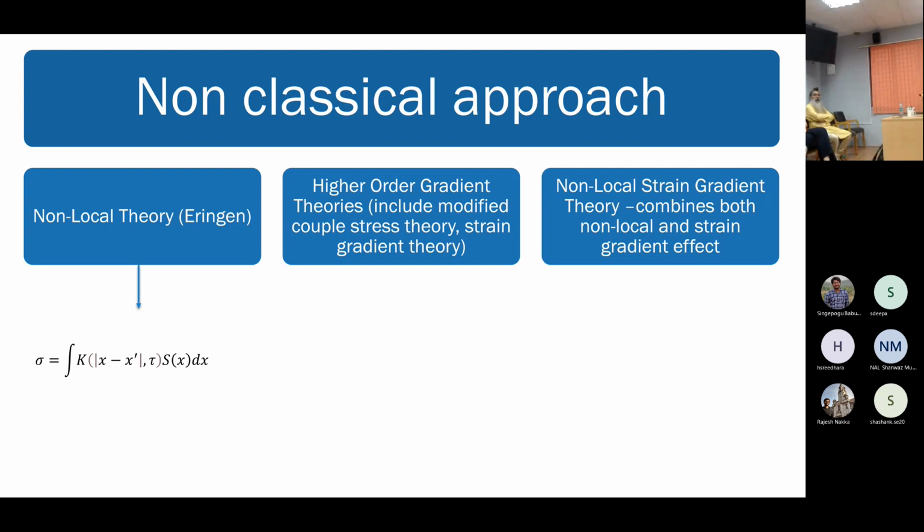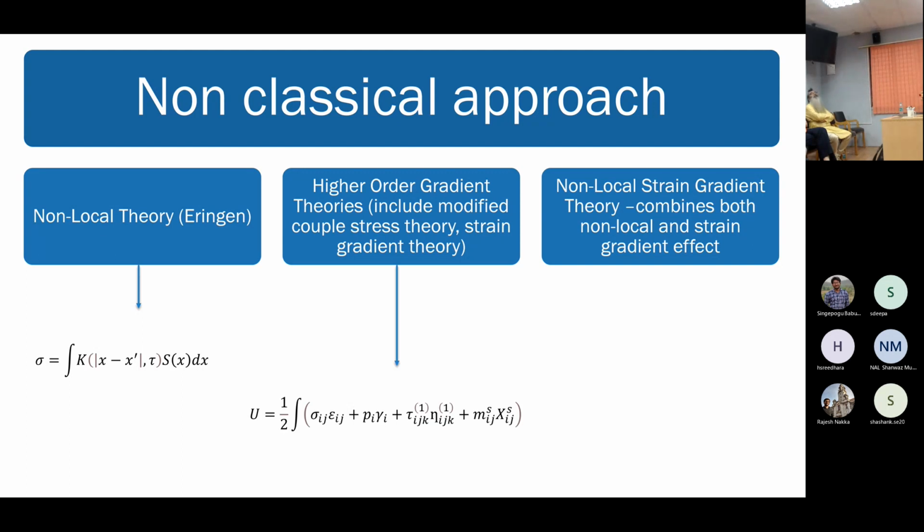This is the basic integral form of Eringen's equation, which employs this kernel function and this parameter, which is the non-local parameter, the internal length scale parameter. So it will include all these atomistic effects, which affect the overall stress.